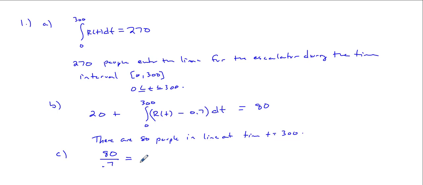And what do you get? 114.286. And that answer is correct for 80 divided by 0.7, but it does not fully answer the question. What should the answer be for the question?